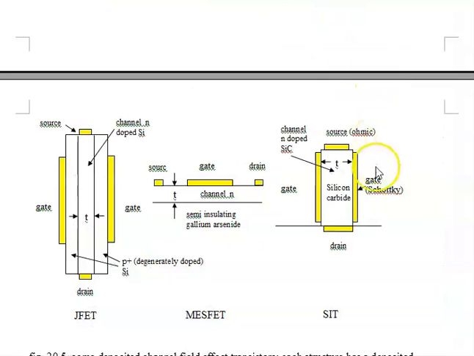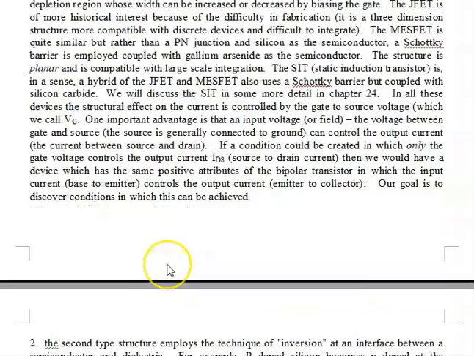Here, gate voltage controls the source to drain current in this lateral planar structure. And here, the gate voltage controls the source to drain current in this vertical one. And that is our goal, to discover conditions in which that can be achieved.